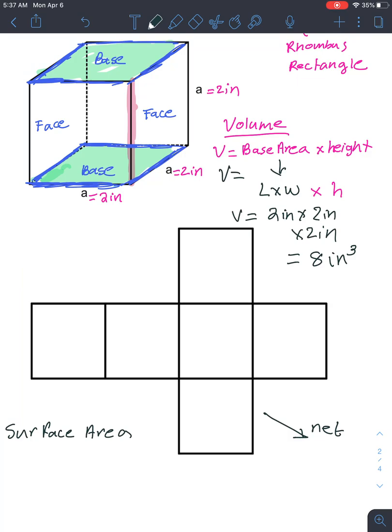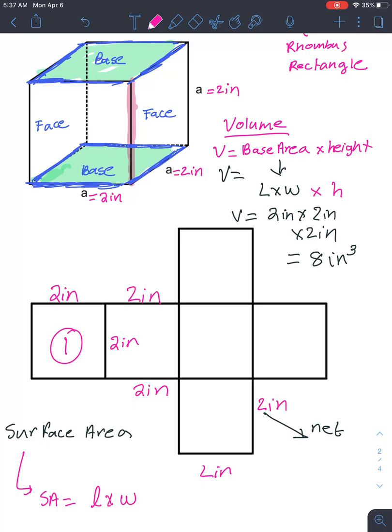We're going to use the same numbers from the other examples and say that all the sides are 2 inches. As you can see, we can keep writing this, but the simple way to find your surface area is to take the area of 1 square, length times width, and then multiply that by 6, since we have 6 squares.